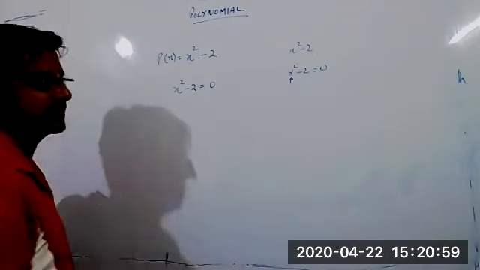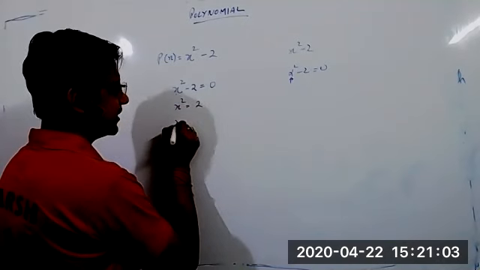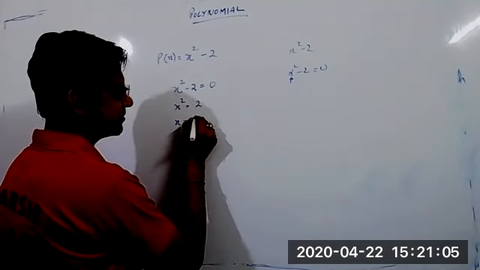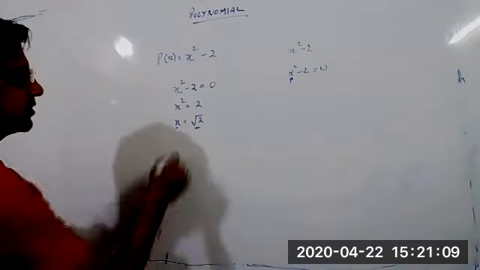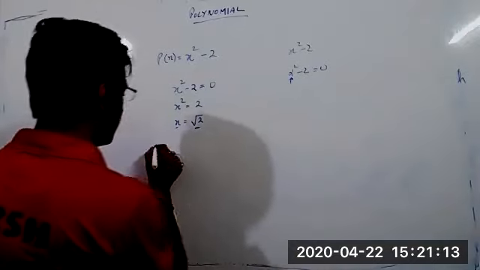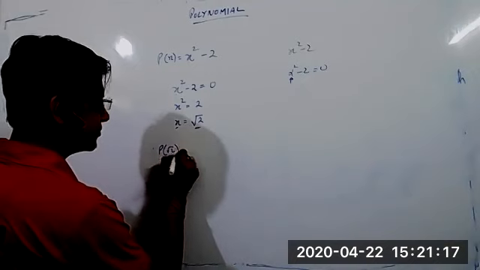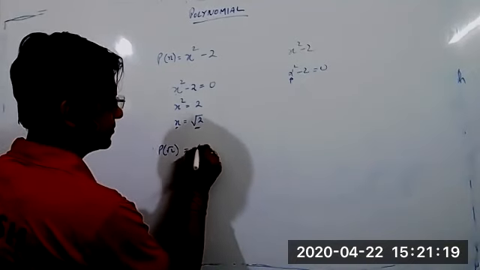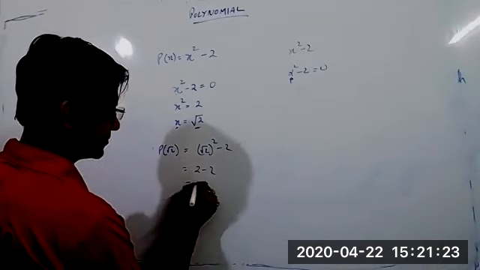Now this is x square equals to 2. x is equals to root 2. So if x value is root 2, then this expression value will be 0. Let's see. We are saying that p(root 2) is root 2 square minus 2, 2 minus 2 equals to 0.